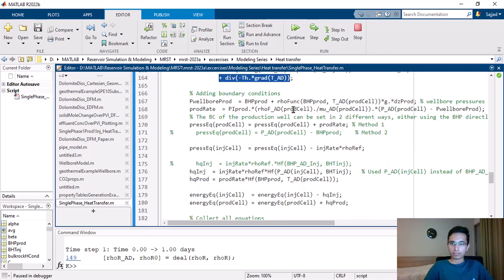All right, and now it's time to add the boundary conditions. As I said before, we have only wells for this porous medium.